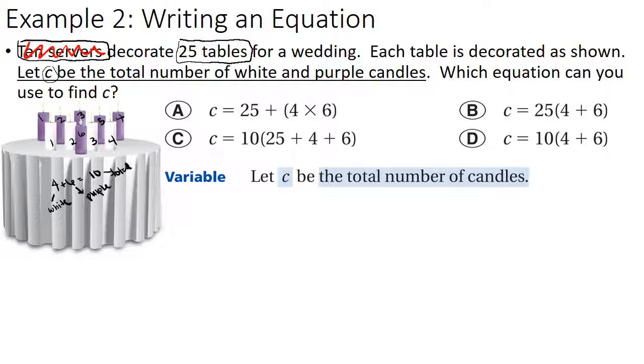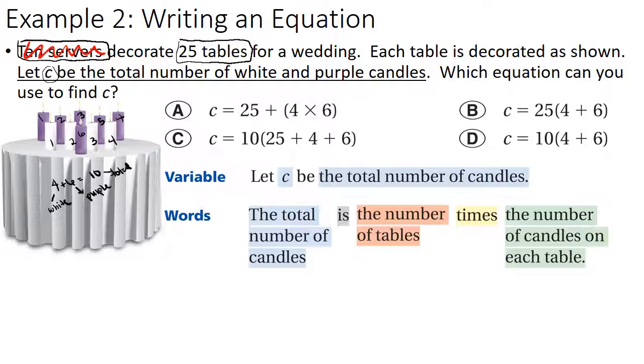Using that information, we can say that the total number of candles is the number of tables times the number of candles on each table. So the total number of candles, which would be either 10 or in this case, let's use 4 plus 6, we let C equal that number.